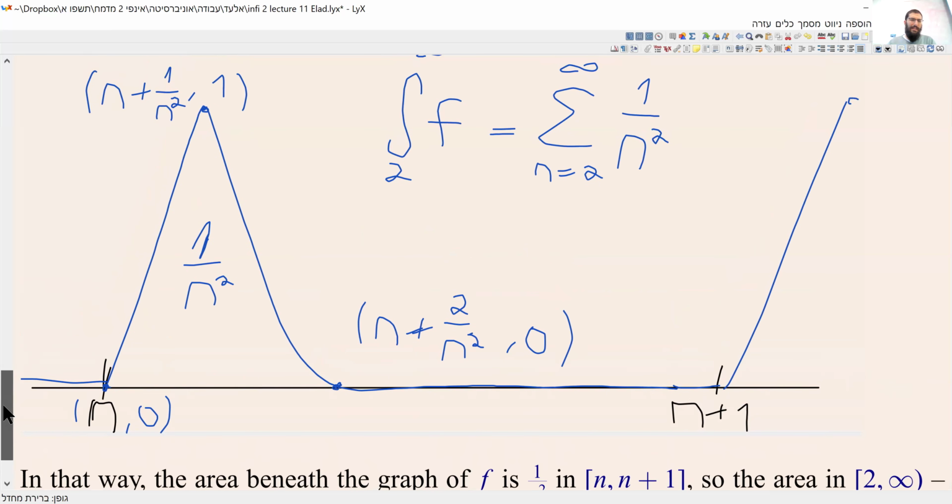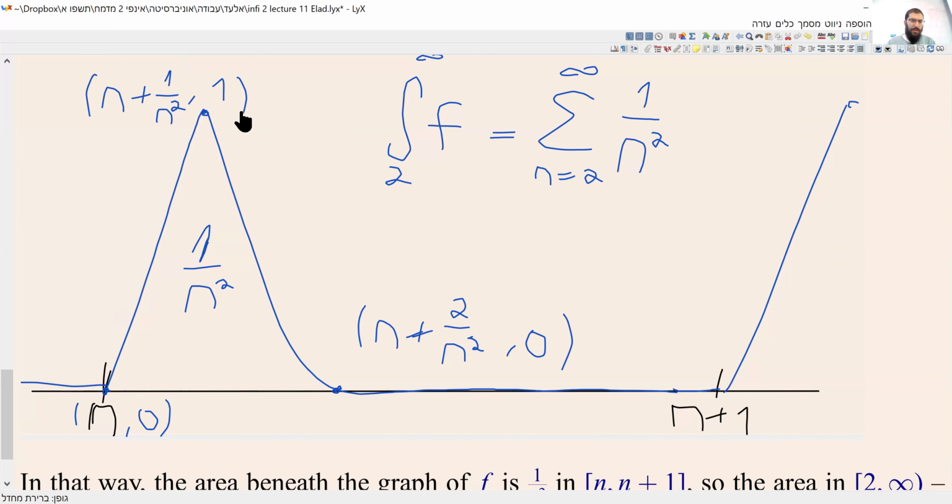We see geometrically that the function f is non-negative. It's always above the x-axis. And it is continuous because it's made of triangles.